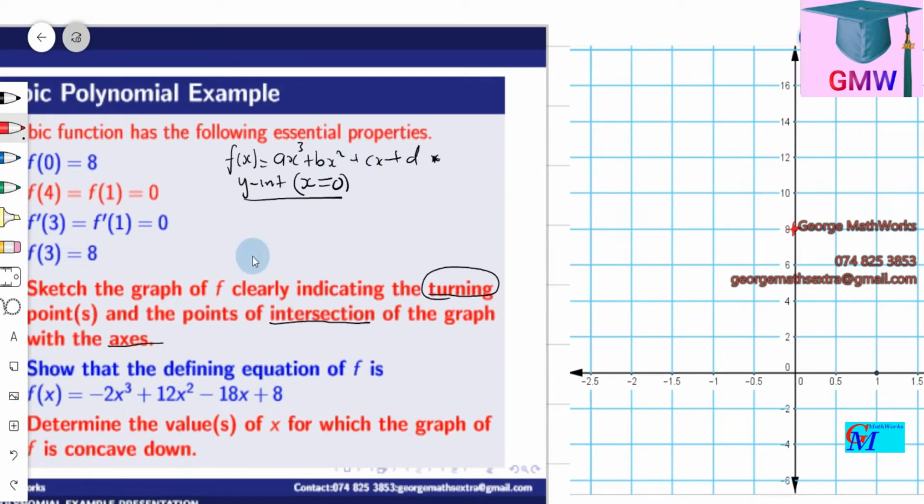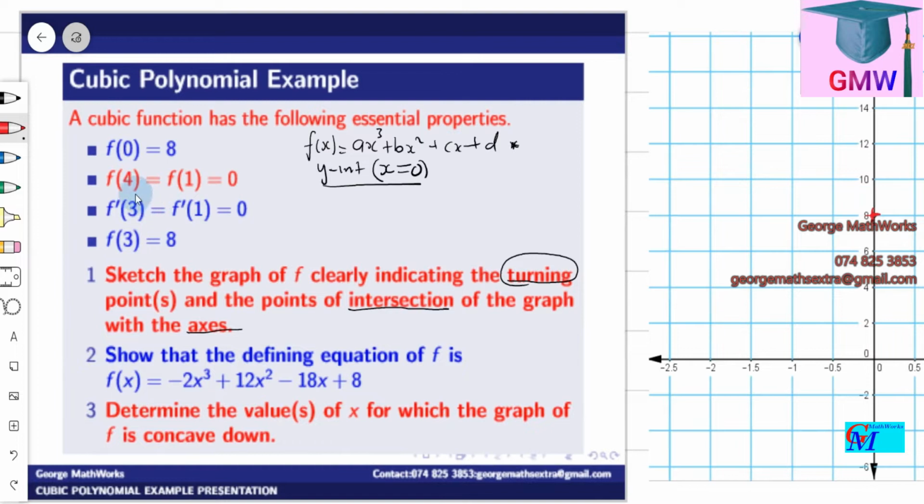Then we also have f(4) = f(1) = 0. Now they are telling us that when x is equal to 4, y is equal to 0, and also, if x is equal to 1, y is equal to 0. That's the meaning of this.